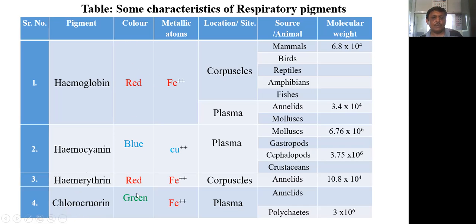In this column, we have shown their color, either in body fluid or corpuscles, what type of metallic group they have, and where they are located, whether in the corpuscles, that means in the blood cells, or in the plasma, and the sources, that means in which type of animal they are found, and the approximate molecular weight is also given.